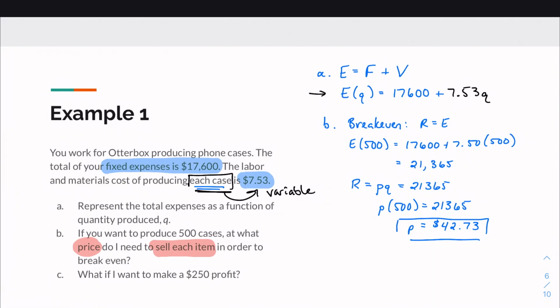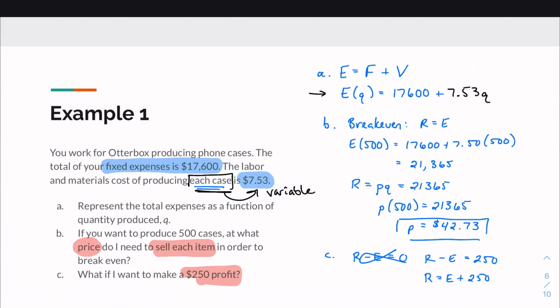In order to make a profit, the third thing I want to do is make a $250 profit. Well, instead of my difference between revenue and expense being equal to 0, I want my revenue and expense difference to be equal to $250. So maybe to make this a little bit easier, I need my revenue to be $250 more than my expense.